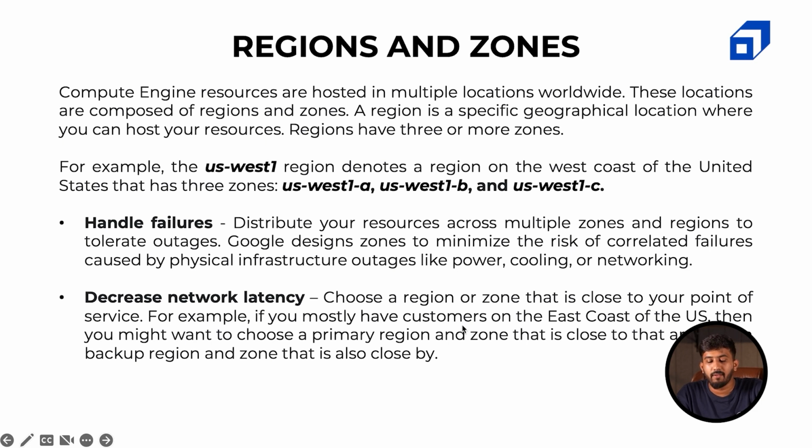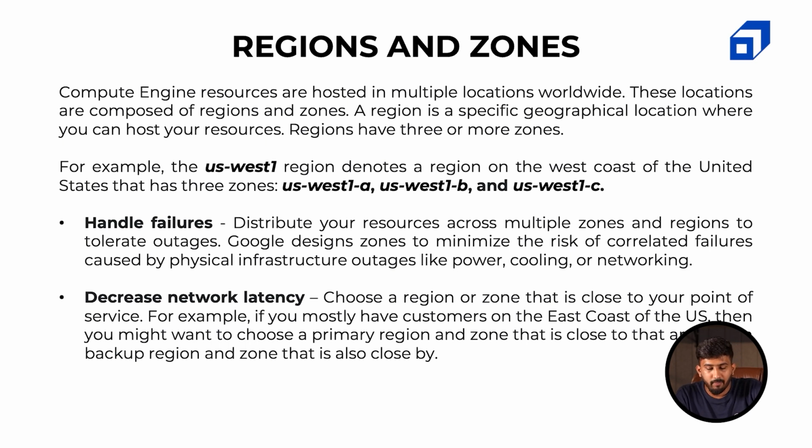For example, if you have mostly customers on the east coast of the US, then you might want to choose a primary region and zone that is close to that area and a backup region and zone that is close by. Let me take another example. In this case, let's consider India. Let's say your application's main base is in Mumbai.